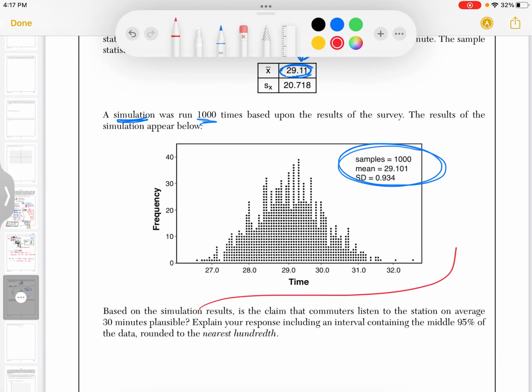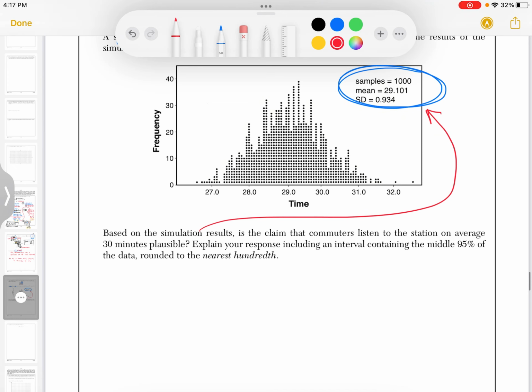So based on the simulation results, aka these things right here, is the claim that commuters listen to the station on average 30 minutes plausible? Plausible means likely, usual, or in other words, they're saying that plausible is in the middle 95%. Explain your response, including an interval containing the middle 95% of data rounded to the nearest hundredth.